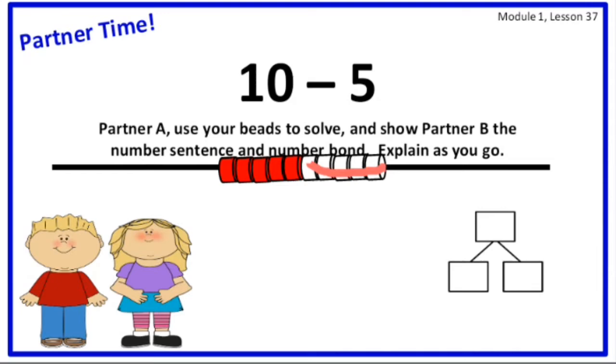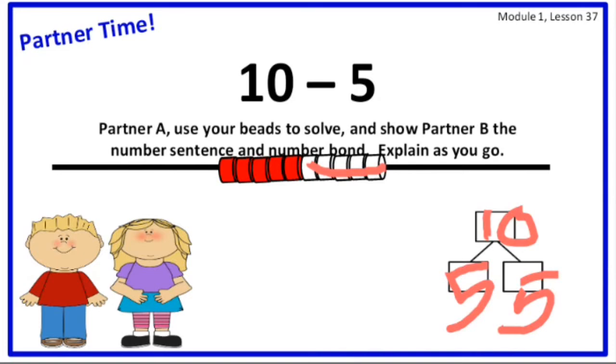Now it's going to show partner B the number sentence and the number bond. So let's draw the number bond and show it to partner B. Ready? Here is the 10, which is the whole, and here is 5, which we just crossed out. And how many is left? 5 red beads. Yes. Very good.